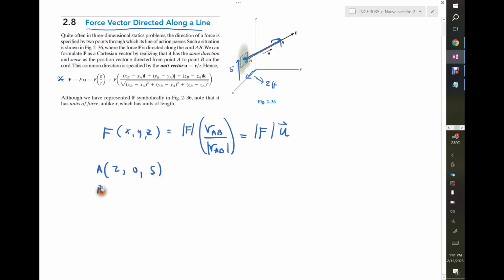Now for B, we do the same. Let's say that B is moving along the y-axis a certain distance, let's say that is 10 feet, and that's on the y. Now how about on the Z? On the Z, we'll say that is 12, just to say a number, 12 going up.